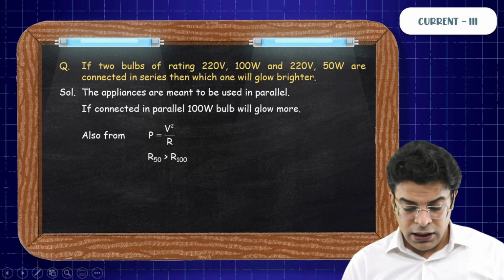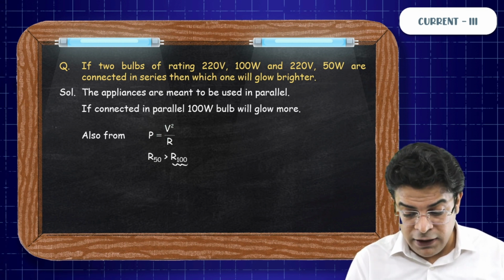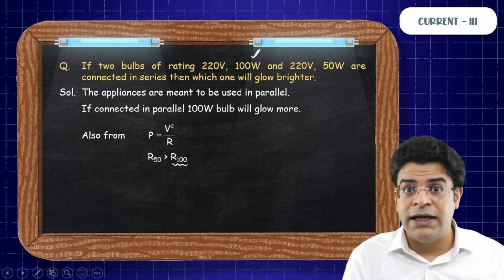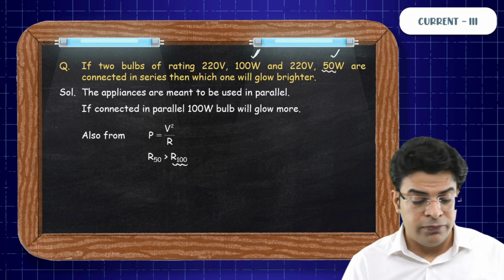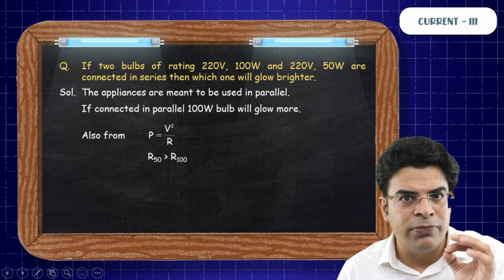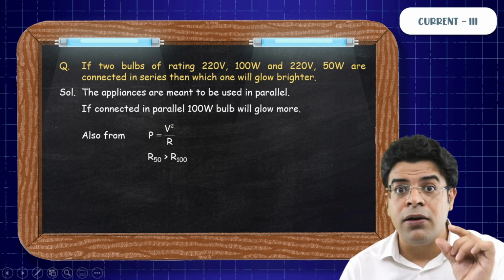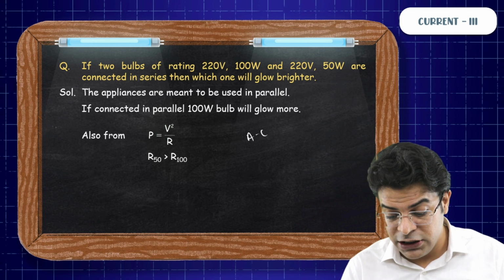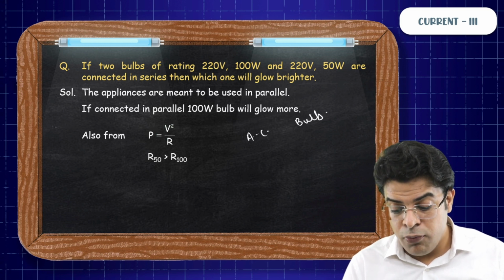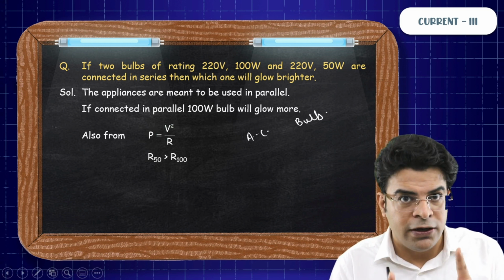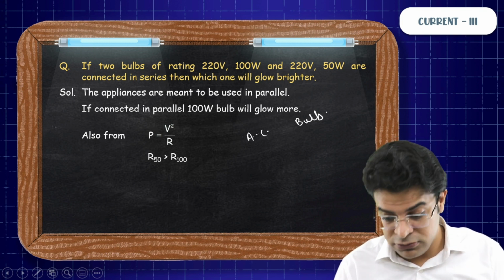So from here I can say that the resistance of the 100 watt bulb has to be less than the resistance of the 50 watt bulb. Remember I told you the example in my household, which one has got higher resistance, the AC or the bulb? Both of them are meant to be used in parallel. Who dissipates more power? Sir, AC.